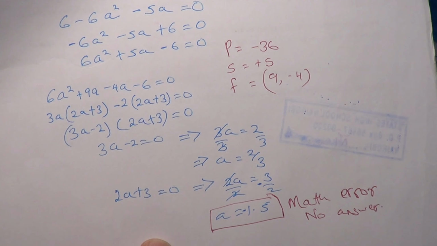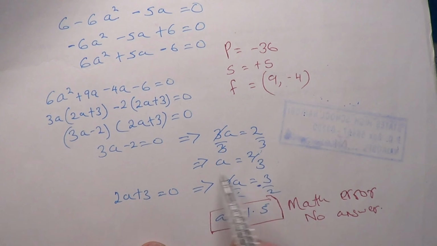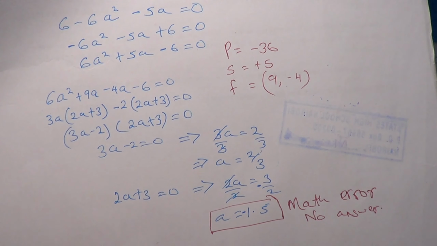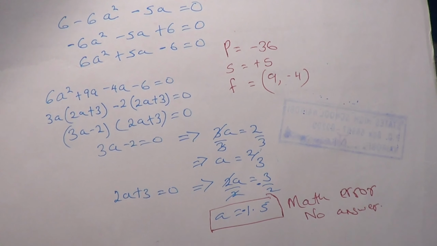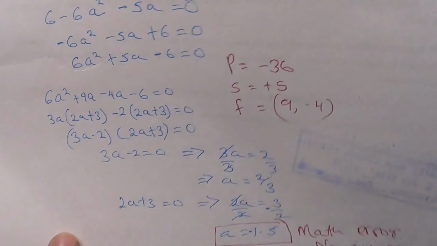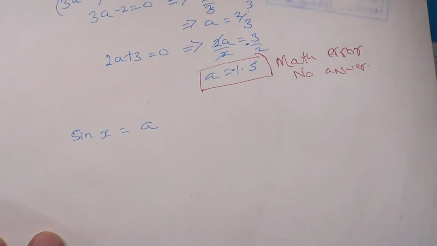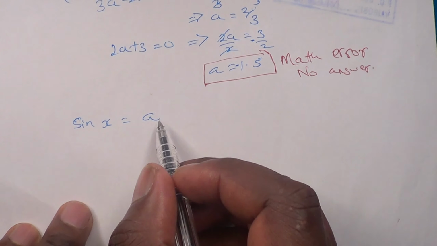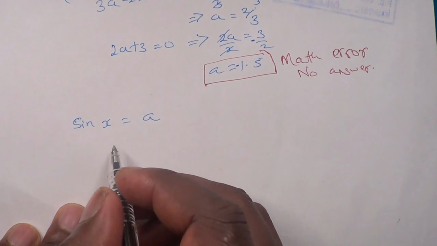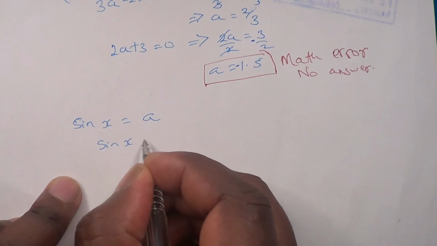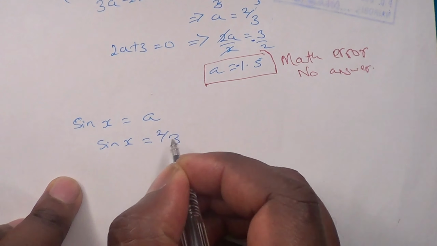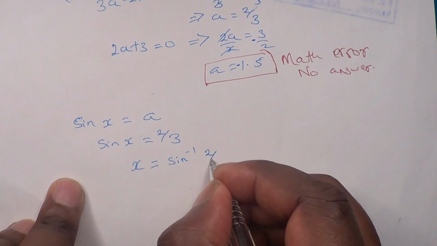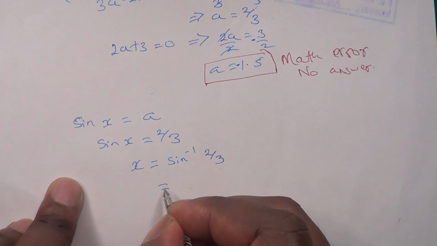Okay, so let us concentrate on this one here. Now we said sin x was equal to a, remember? So if sin x equals a, then we can say sin x equals 2 over 3. Then x equals the sine inverse of 2 over 3.